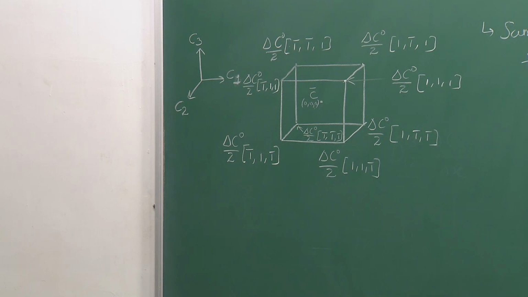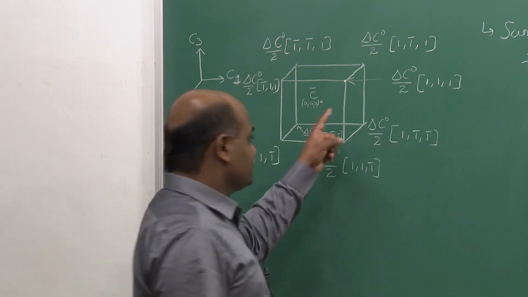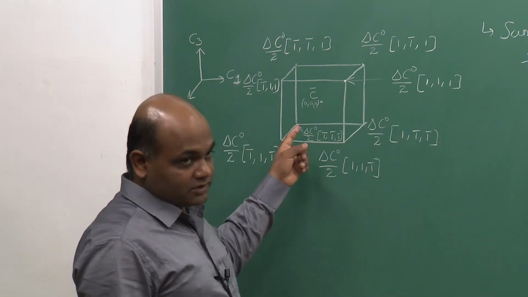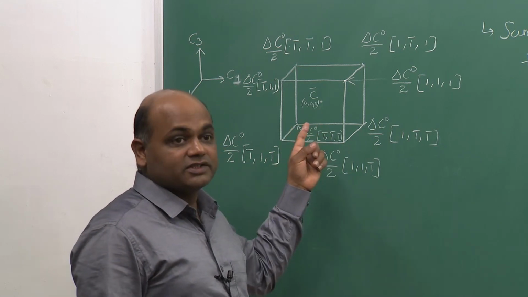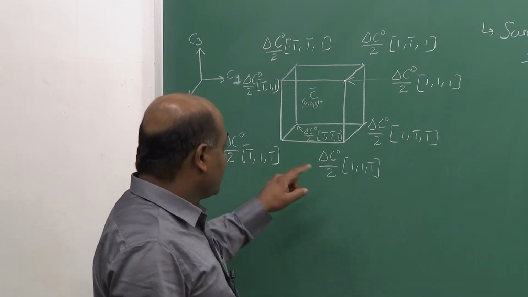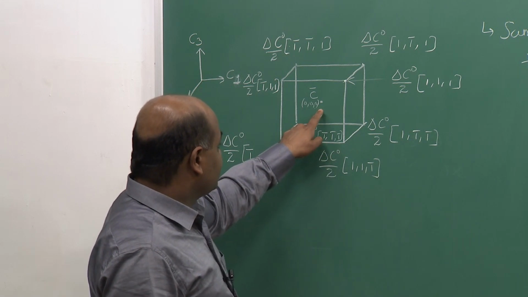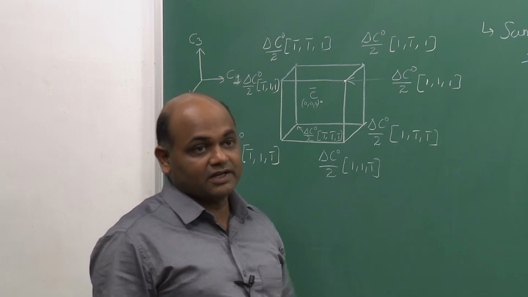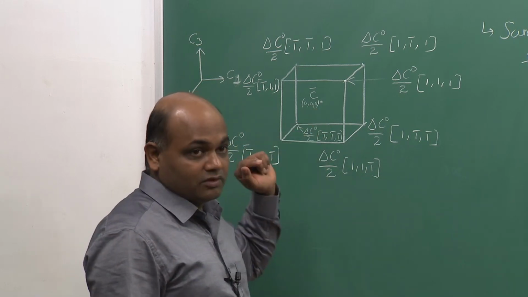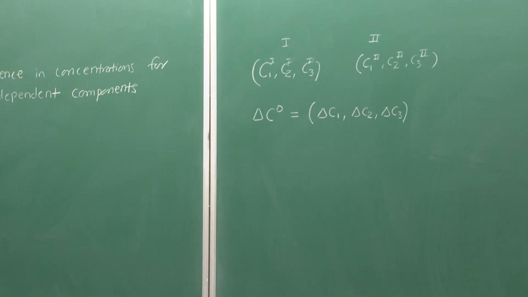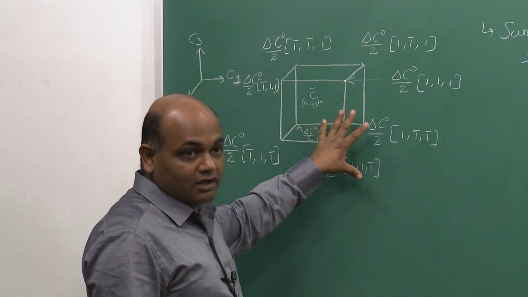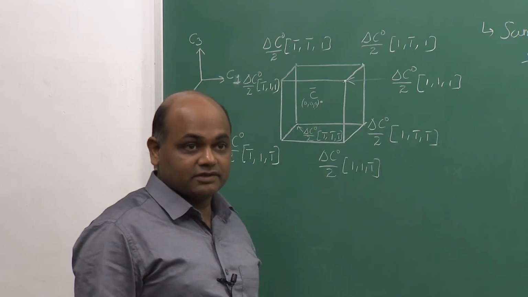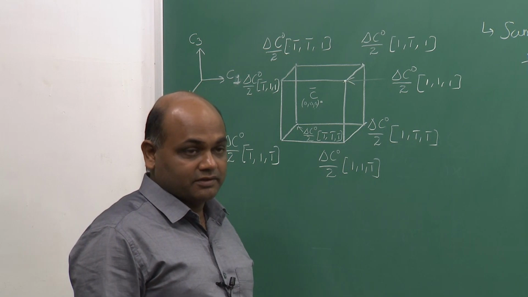So, since there are 4 body diagonals, we can have 4 sets of diffusion couples, and if we select a specific C bar and specific delta C0, we can write down the compositions of all the alloys on the 8 corners of the cubes. Right.